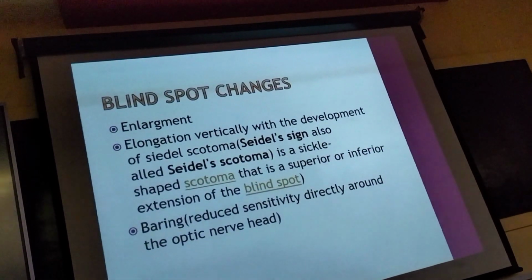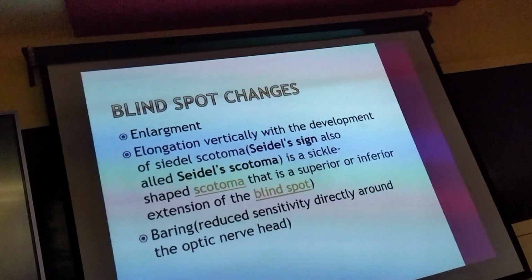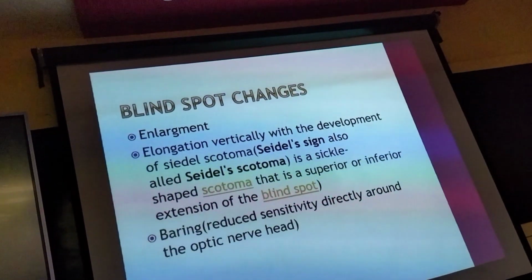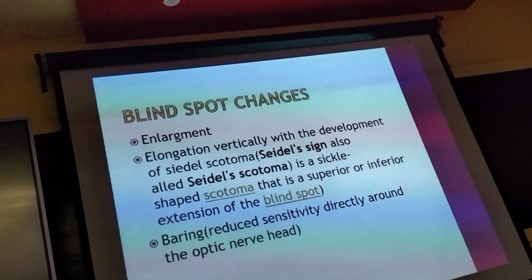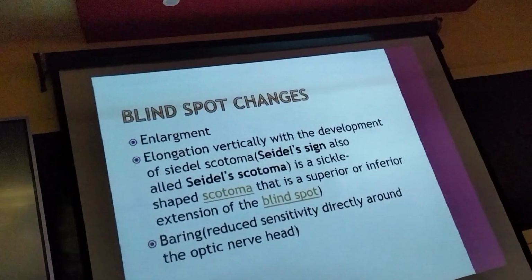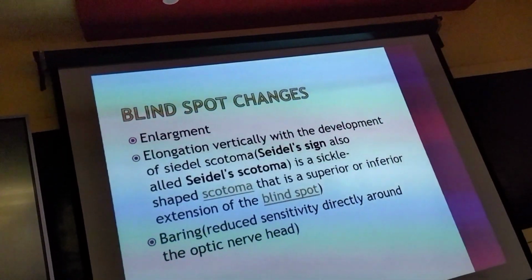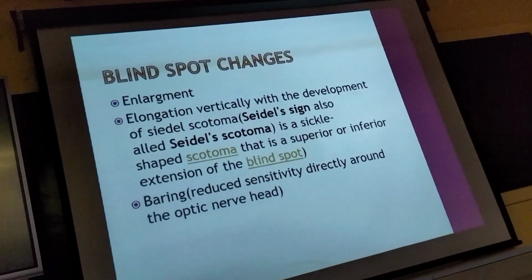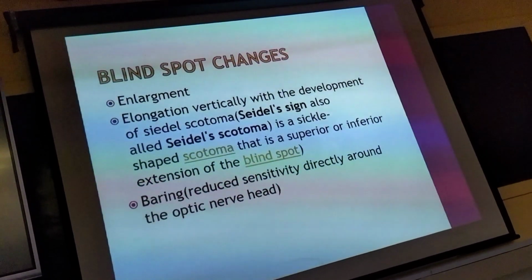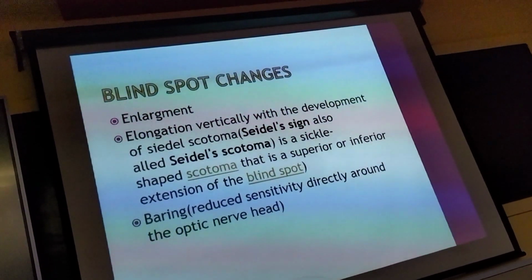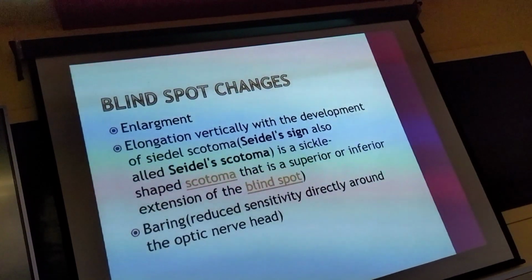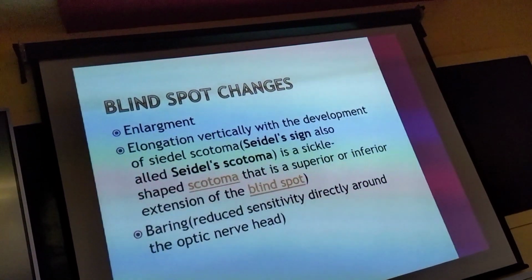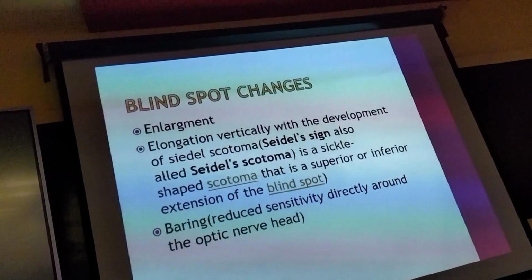ठीक है, और ये भी याद रखें कि all these field defects are complained of by literate people who are highly conscious about their general condition and their vision. The people who have glaucoma and are in the interior of the village, they are not educated, they do not notice the visual field defects and they just neglect it.